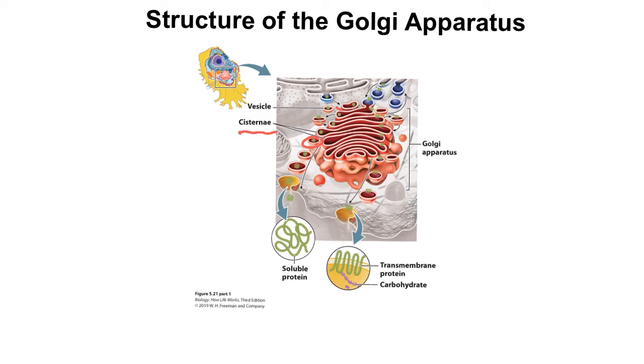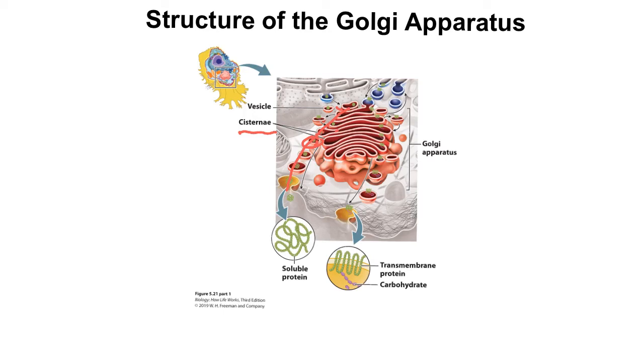In this figure, we have two distinct pathways for two distinct types of proteins. One is for the movement of soluble proteins from the main source coming from the endoplasmic reticulum, and it gets modified through the series of cisternae in the Golgi apparatus, and from each cisterna you move the product, the soluble proteins, through a vesicle to the next cisterna, which is singular for cisternae.